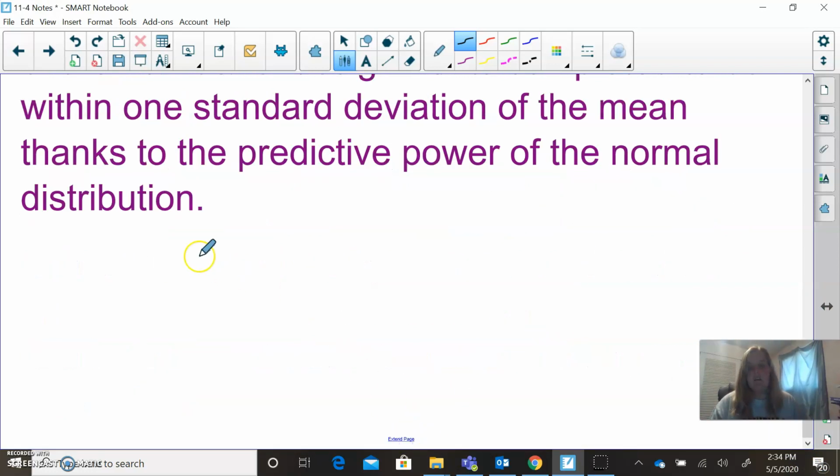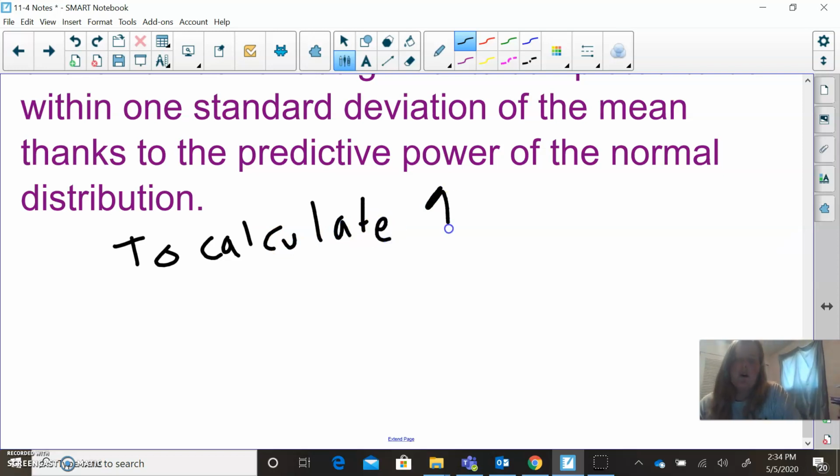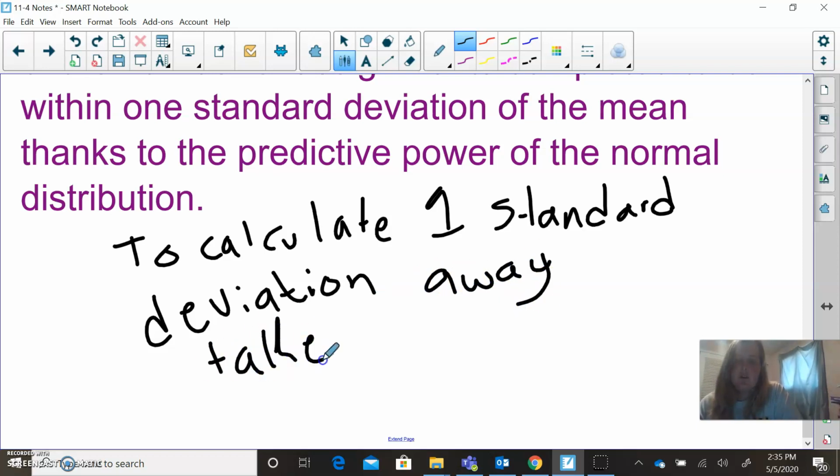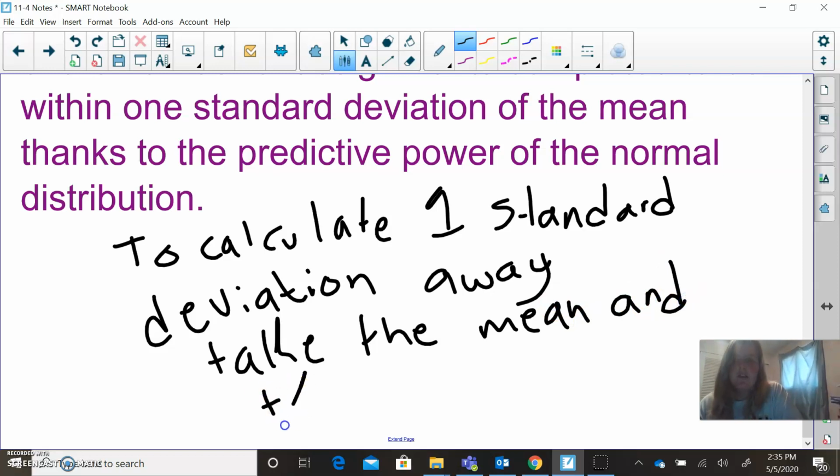So like I said, to calculate one standard deviation away, take the mean and add or subtract the standard deviation.